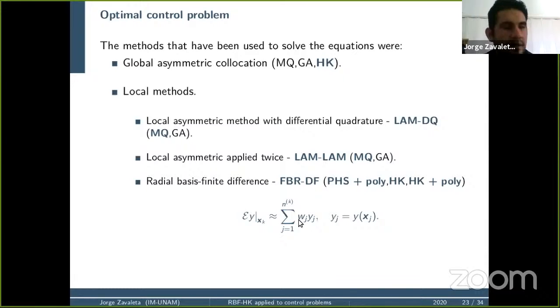So to estimate the weights that are involved in this linear combination, we use radial basis functions, and then use this discretization of the operator to generate a sparse matrix to solve in specific nodes.